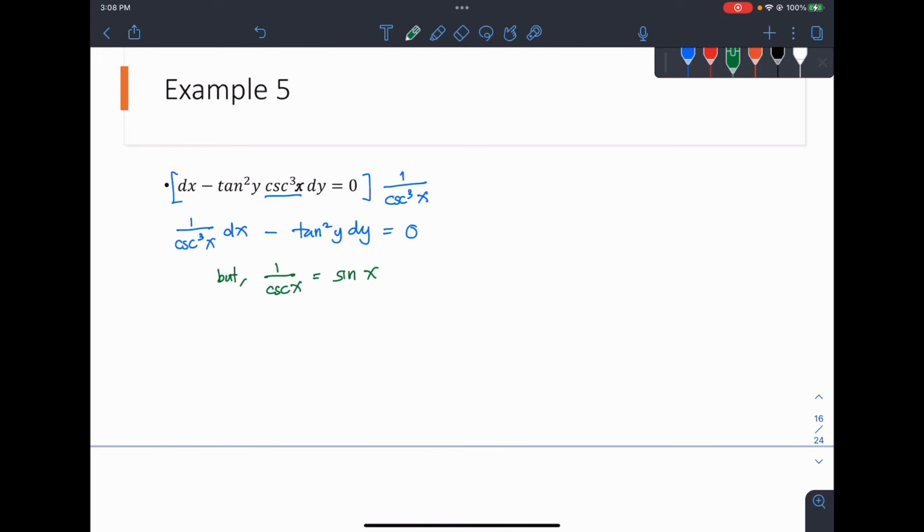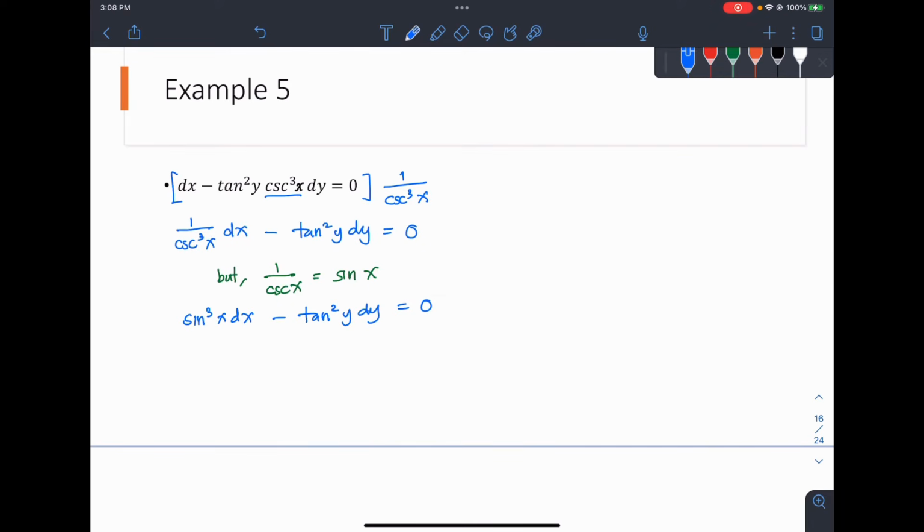So thus, we can write this one, but it has a power of 3. So that would make it sine cube x dx, then minus tangent squared y dy is equal to 0. So in here, what kind of equation is this?